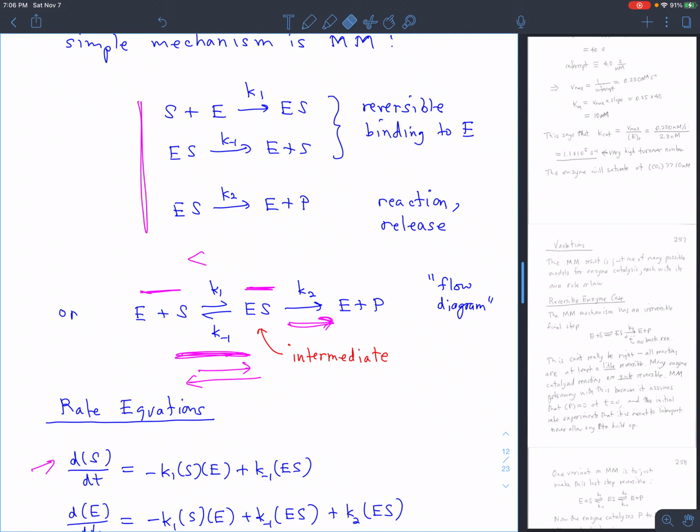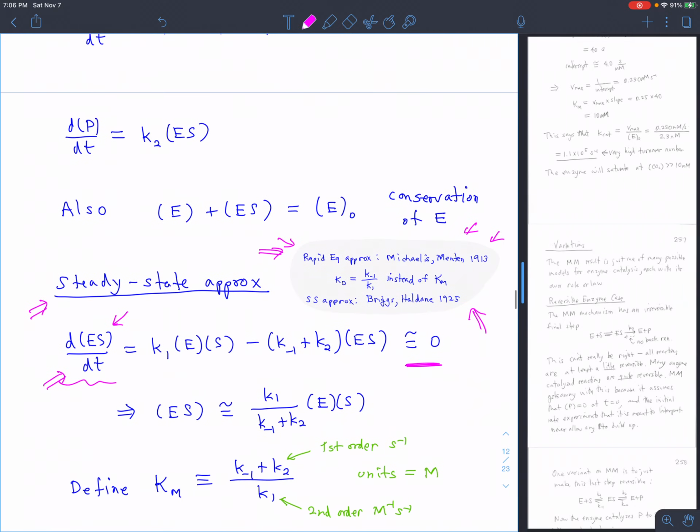That's a fine thing to assume and gives you a decent answer. But it's probably not true most of the time. And so later, in 1925, Briggs and Haldane rederived the Michaelis-Menten mechanism using the steady-state approximation as we're doing it now. And that gives you a slightly different answer.